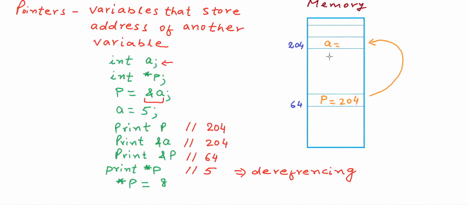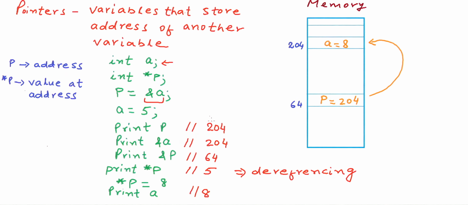Star p means value at p, and so the value at p is now modified to 8. So what will happen if you print star p or print a now? The output will be 8. By value of p, I mean value at address p. So p is the address and star p is the value at the address that is stored in p.